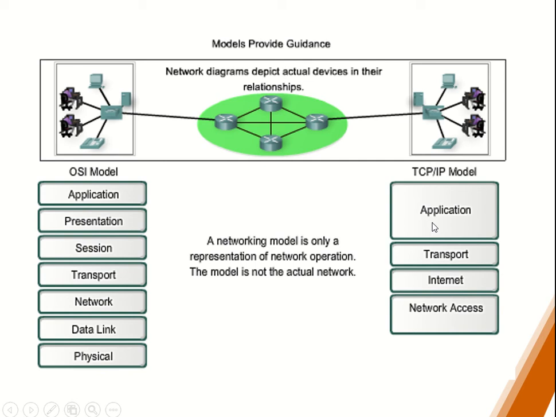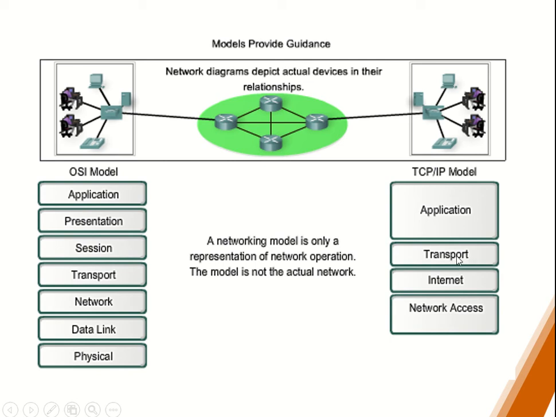But in terms of functions, the TCP/IP application layer combines the operations of the application, presentation, and session layers. Meaning to say, this application layer is equivalent to application, presentation, and session. The transport layer is parallel to the TCP protocol model.